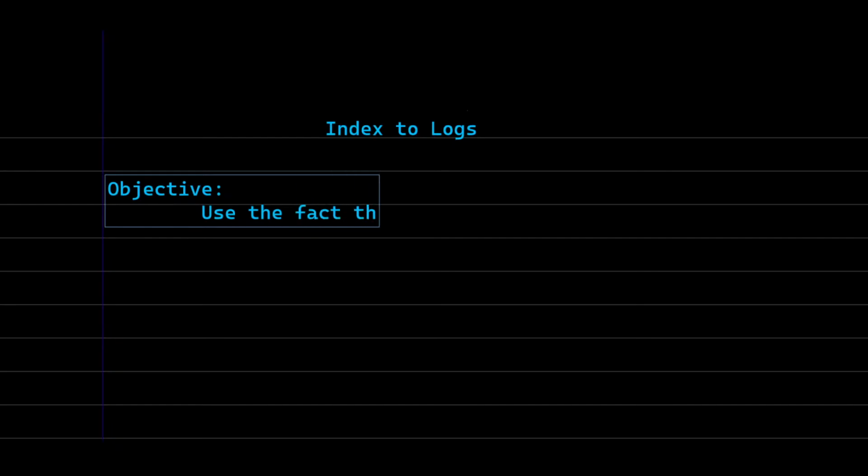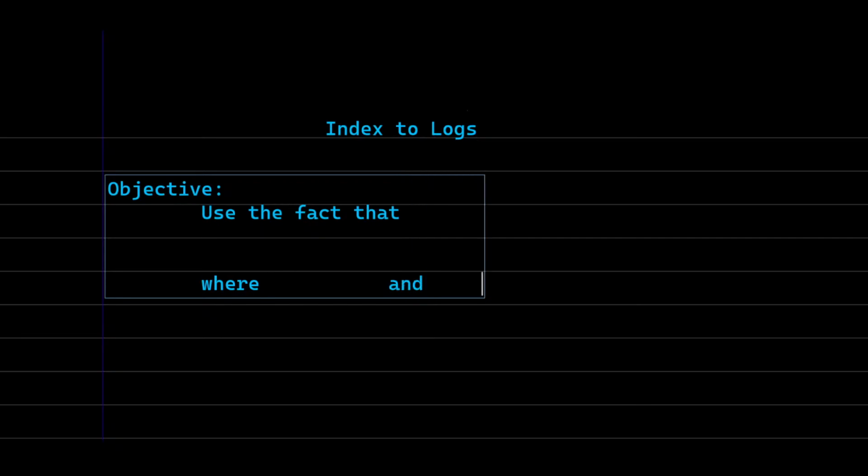So, index to logs. Put that in green, no blue. This is the objective, and it's going to be use the fact that, well, we're going to have some kind of rule, and I'm just going to put a couple of spaces in between there, and I'll write the rule after, where we're going to have a next rule here, and a next rule there as well.